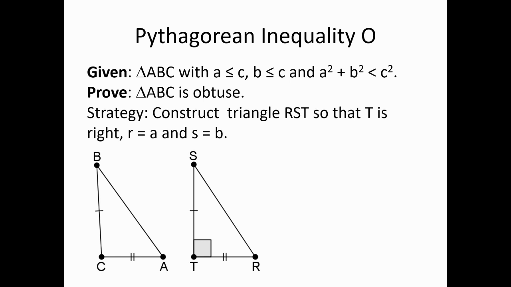And the strategy is very much like the strategy employed in the proof of the converse of the Pythagorean theorem, where we constructed a kind of reference or comparison right triangle.